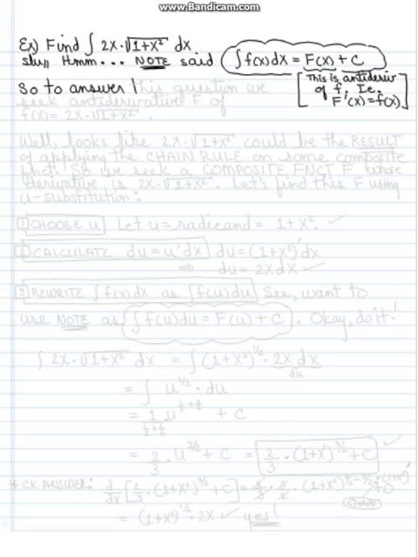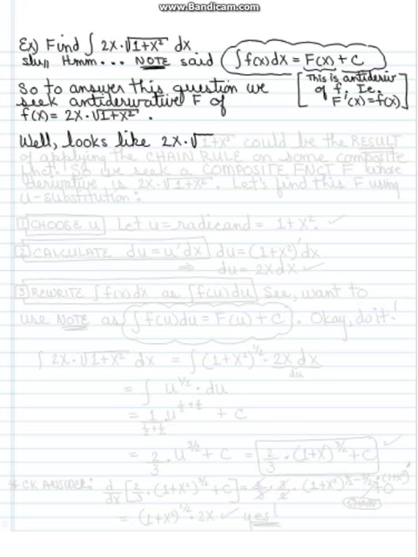Okay, so to answer this question, what we're really looking for is the antiderivative, which we call by the name capital F, of the function little f, which is the integrand of the question, 2x times the square root of 1 plus x squared. The problem is that this integrand looks so confusing.